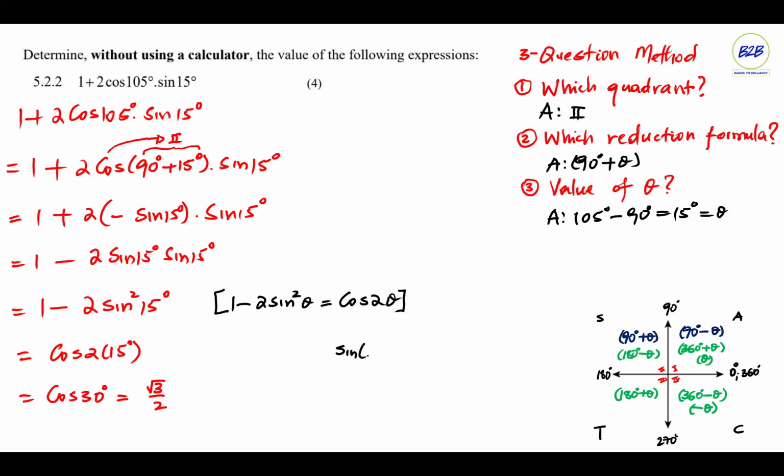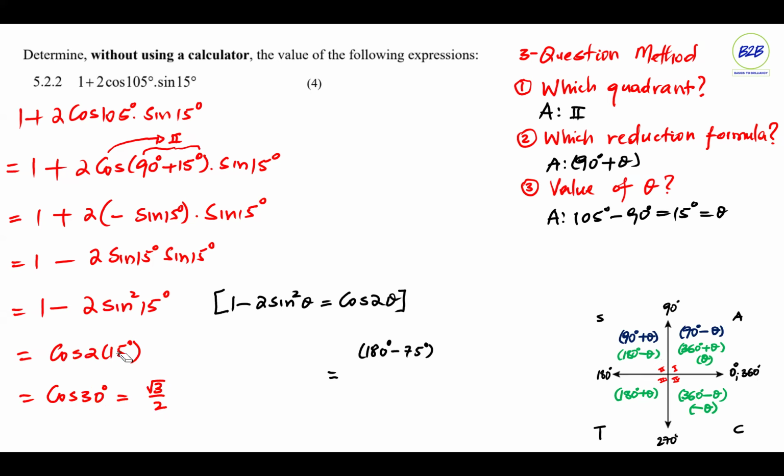You could have used 180 degrees minus theta as well, and that would be sine of 180 degrees minus 75 degrees, I think, yeah. Sine of 180 degrees minus 75. That would have worked as well. And then at this stage, as opposed to having minus sine 15 degrees, no, it wouldn't be sine here. It would be cos actually.